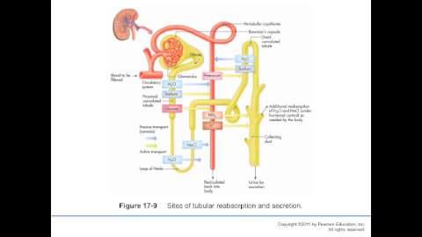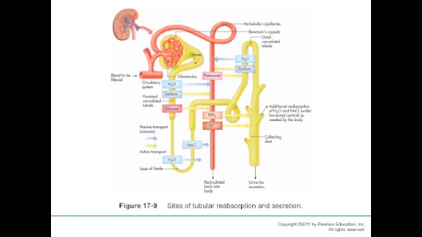And you'll notice that glucose is completely reabsorbed and returned to the circulation in the proximal convoluted tubule. Water is reabsorbed at a couple of different places, and sodium can be reabsorbed at different places along the way. Potassium can be excreted at different places.